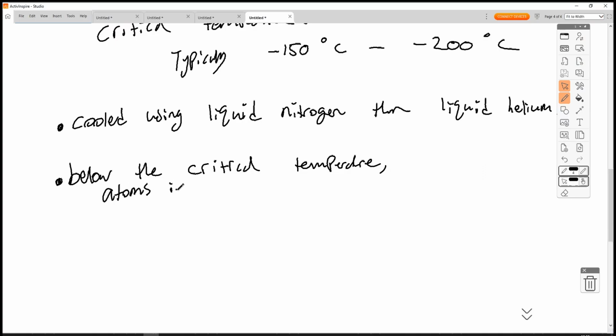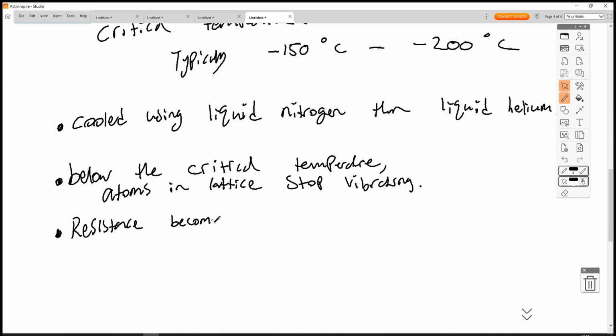So below the critical temperature, atoms in the lattice stop vibrating. Resistance becomes 0.